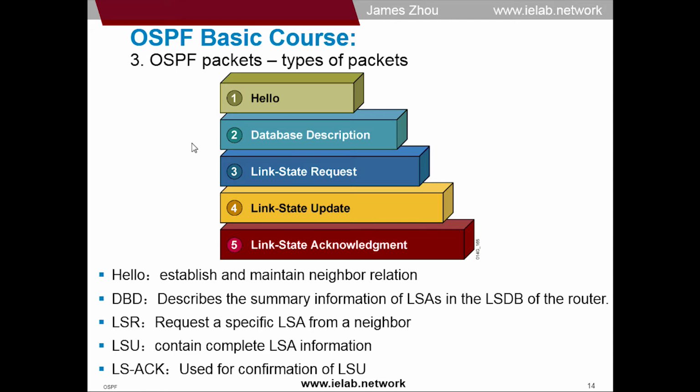This picture is from the CCNP PPT, where you will see the numbers and the OSPF packets. Packet type 1 means Hello. The function of Hello is to establish and maintain neighbor relationships. Type 2 is database description, which we can call DBD.